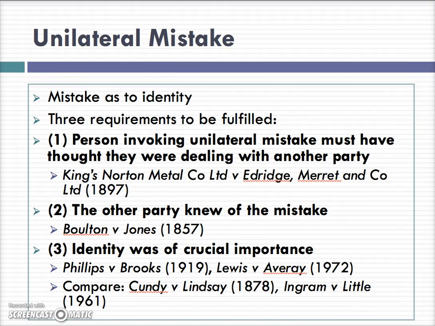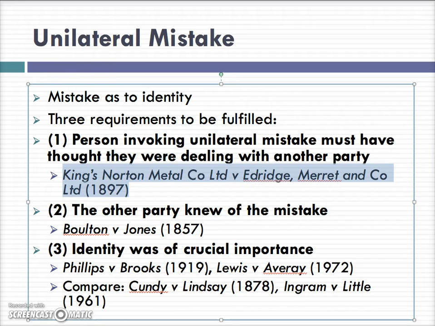In this case, a crook had used a letterhead of a fictitious company, Hallam, to order a number of goods. Kings Norton then sent out the goods on credit, believing that they would be paid. In fact, the crook sold the goods on to another party, and Kings Norton were never paid.